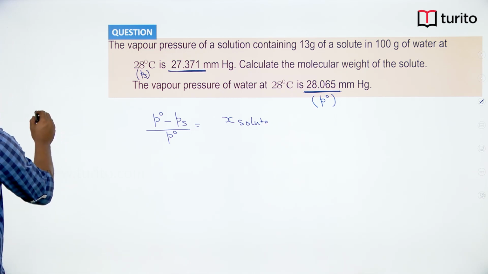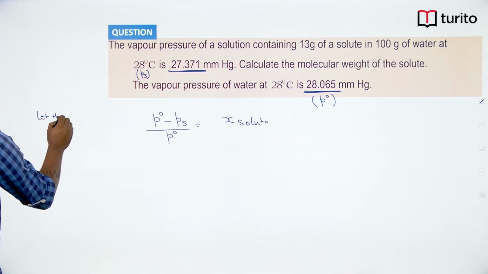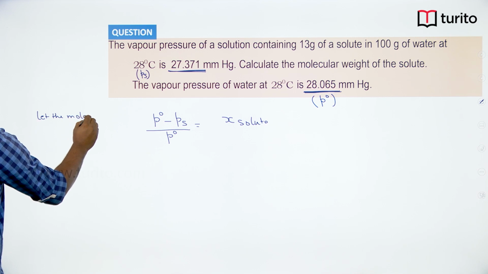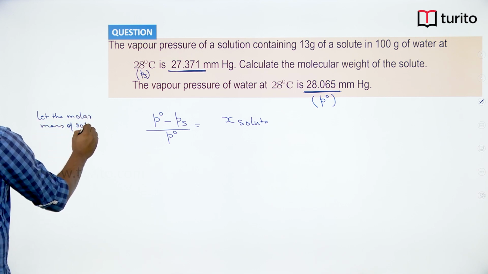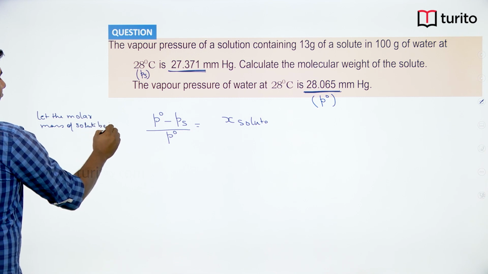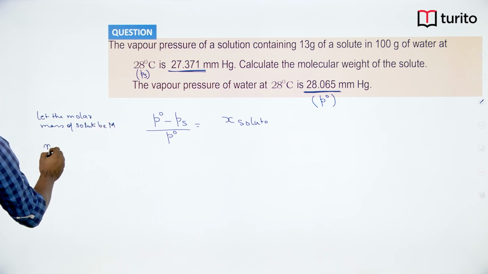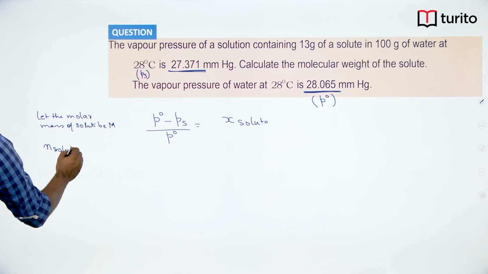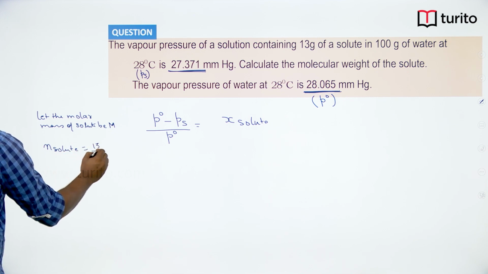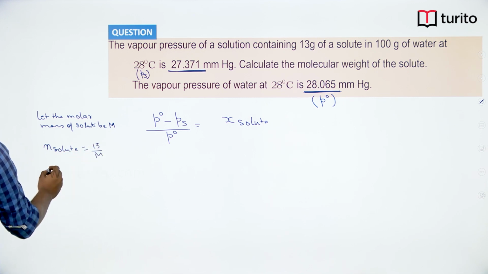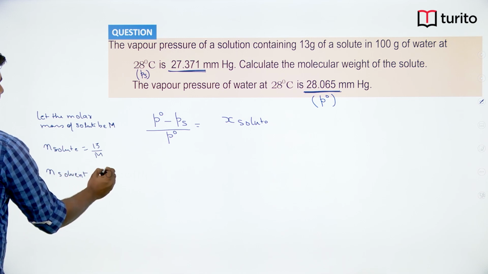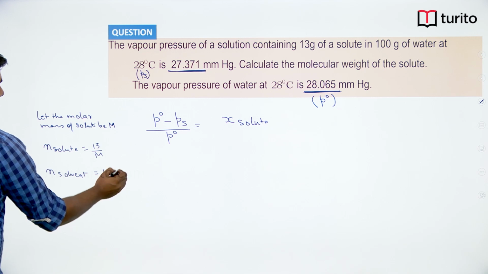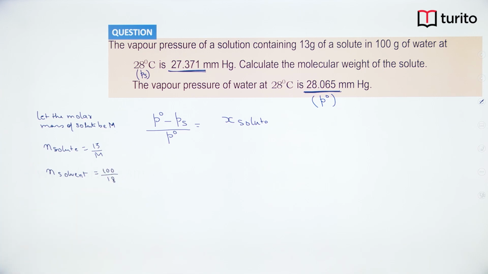Let the molar mass of the solute be M. The number of moles of this solute is 13 upon M. The moles of solvent, which is water in this case, would be the mass of water, 100 gram, divided by 18, the molar mass of water.